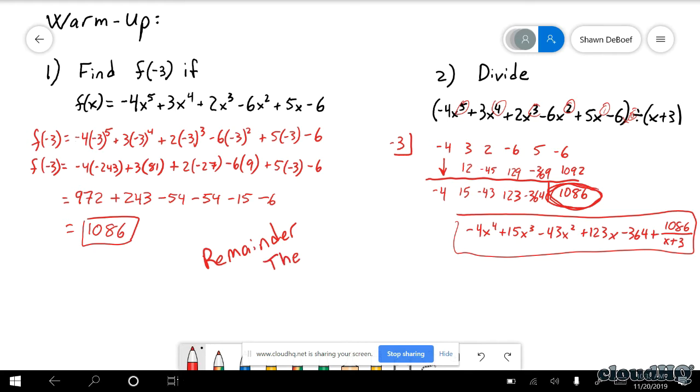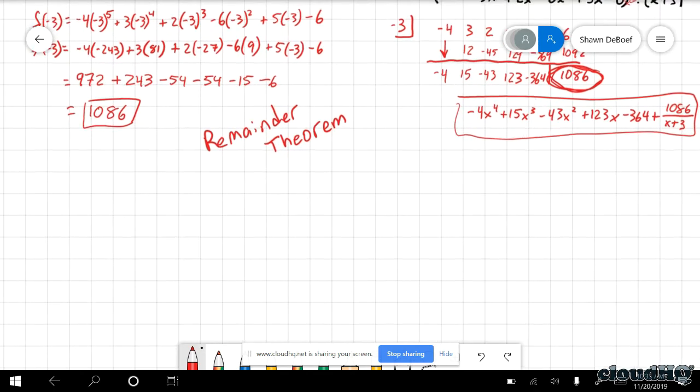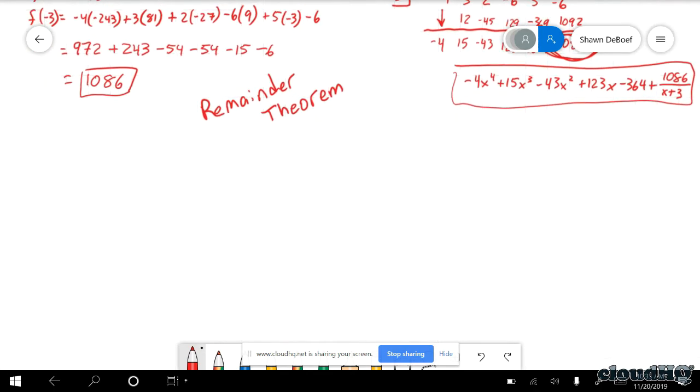So we are going to now transition from the warm-up into the section, that's going to be known as the remainder theorem. So our next section is 5-6. Five six is titled The Remainder and Factor Theorems.